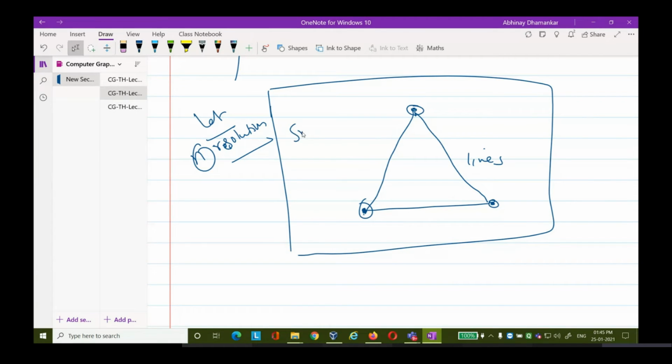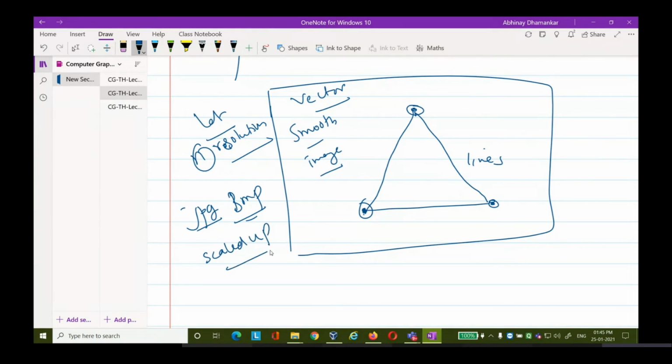You will get a very smooth image in vector graphics. कितना भी उसका रिजोल्यूशन बना, शायद मेरे से ज्यादा आप लोग जानते हैं. आपने फोटोशॉप में काम किया हुआ है, and if you use some kind of JPG images and BMP images, and if you scale up, what will happen?